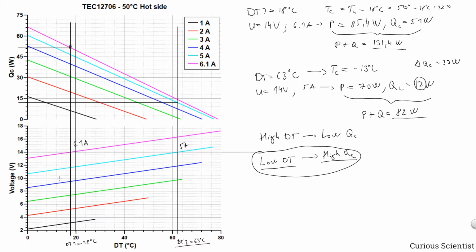And we run the maximum current, so 6.1 amps. So we are here. So you see that we are able to move almost 50 watts of power from the cold side to the hot side. But we can reach 0 degrees, and that means that we have to keep our hot side relatively cold. So that's very difficult.